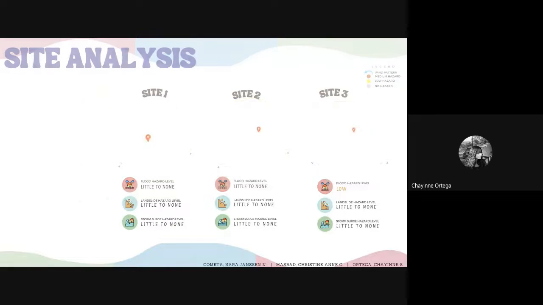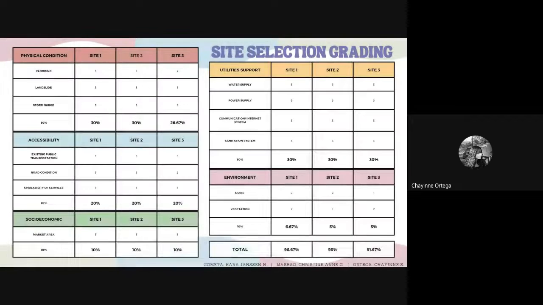Next slide, please. For the site selection grading, for physical condition, site 1 and site 2 got all 3 points, while site 3 only got 26.67 since it has low susceptibility to flooding.